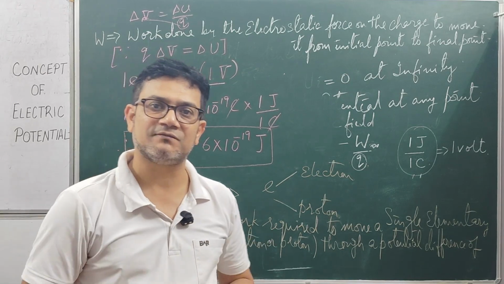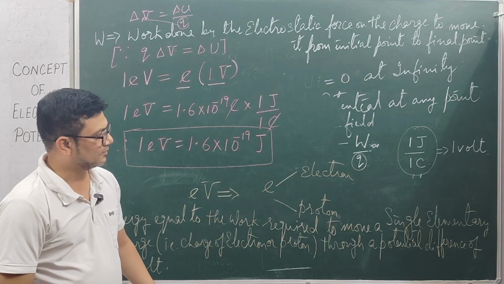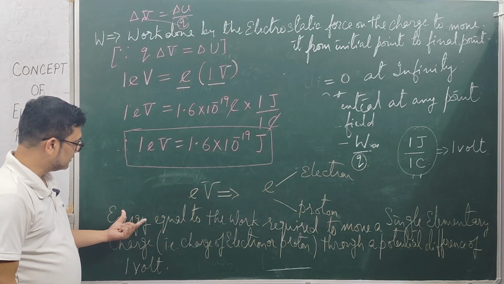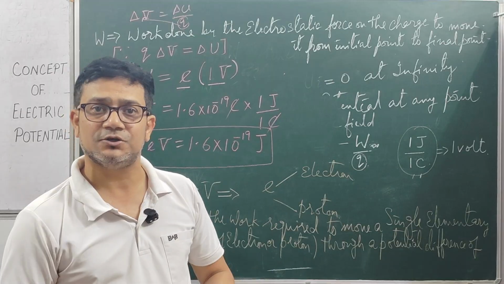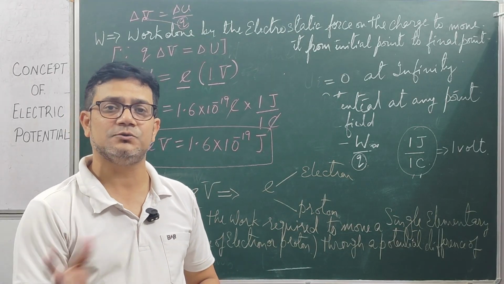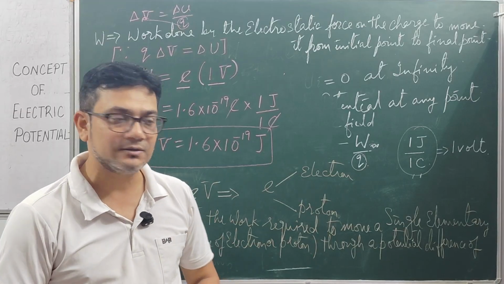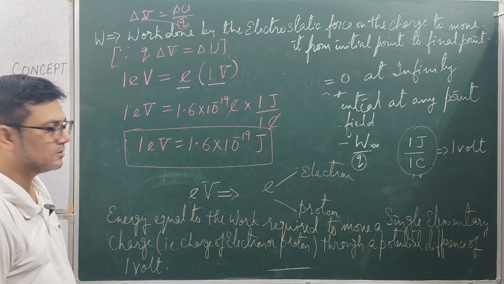The SI unit we discussed is 1 volt, which equals 1 joule over 1 coulomb. We also discussed the convenient energy unit, the electron volt, which is generally used in measurements at the atomic and subatomic level, and how it is defined. So this ends this concept.